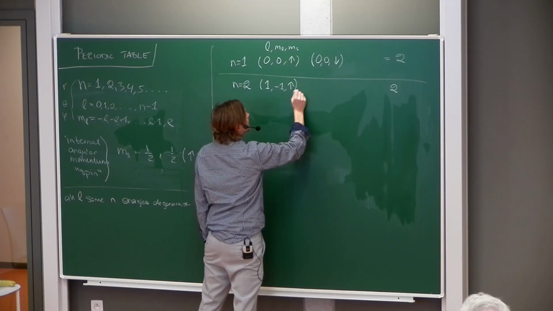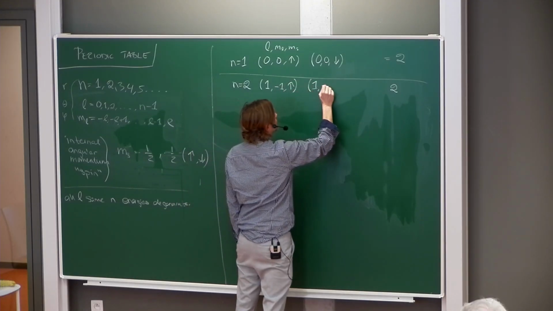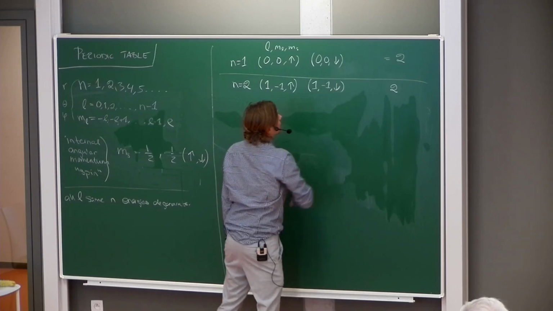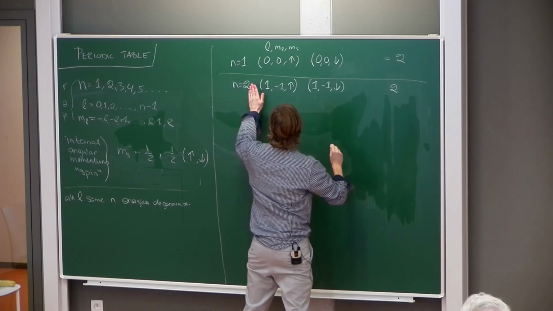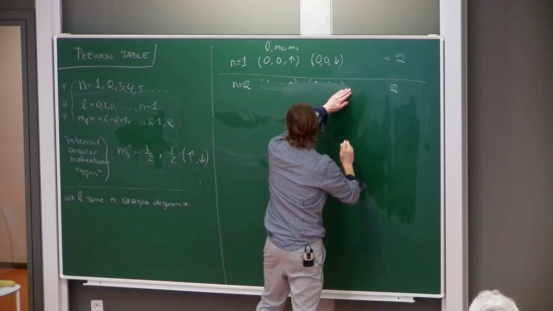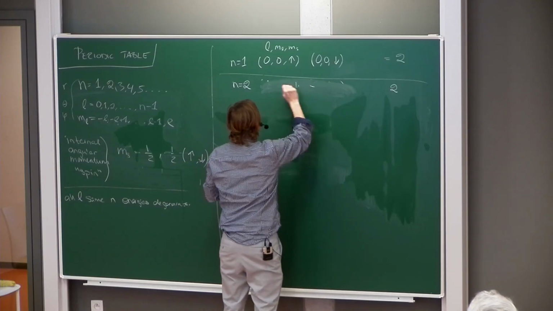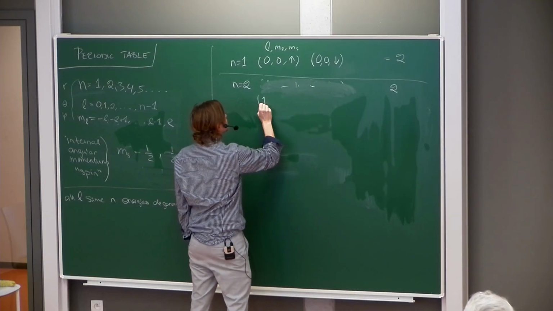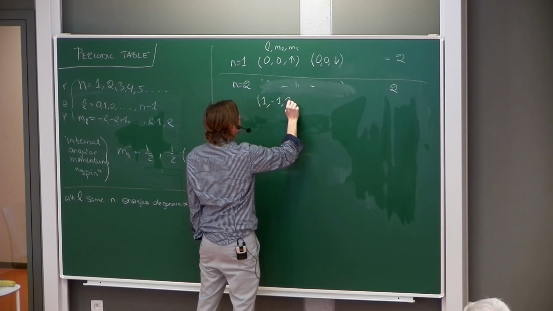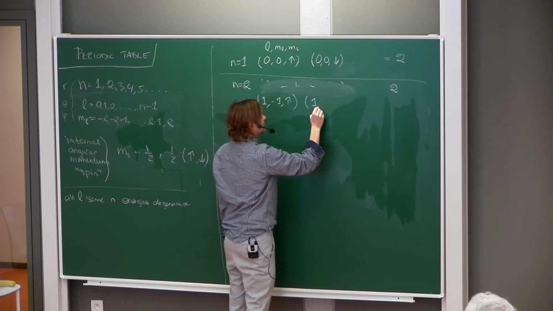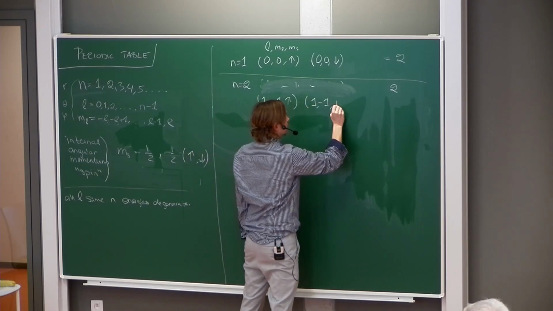This could be spin up, and 1, -1, spin down. Oh, since I put the 2 there, this would be the equivalent, and then we're going to do it like this. Better pedagogically.